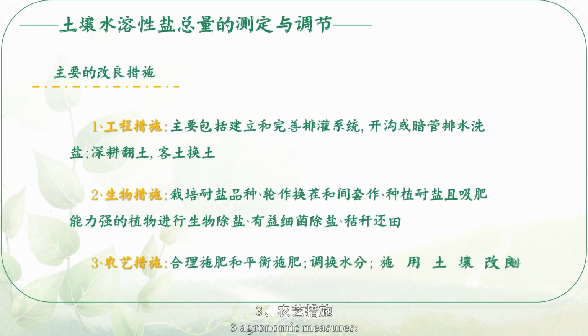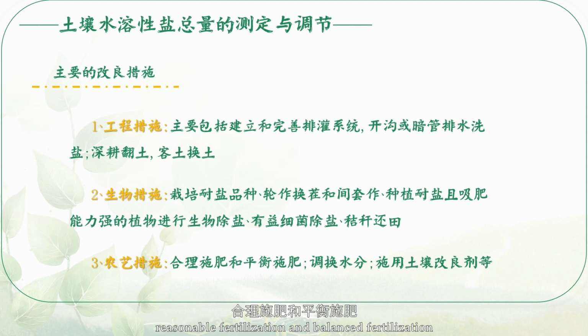Agronomic measures. Reasonable fertilization and balanced fertilization, water regulation, application of soil improvers, and other improvement measures have different effects for different saline soil types.